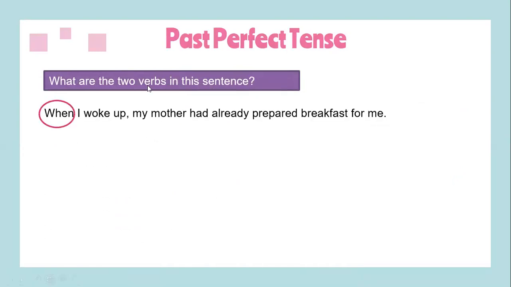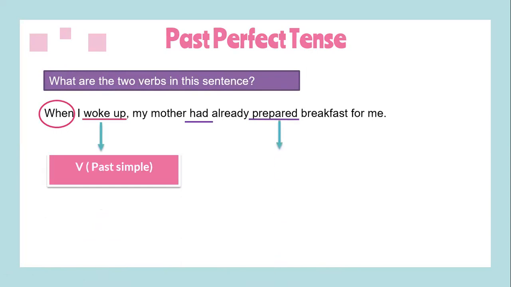What are the two verbs in this sentence? Can you decide the verb here? Yes, excellent. Here, woke up and action A is prepared. Had prepared. As I explained before, my mother had already prepared breakfast for me.